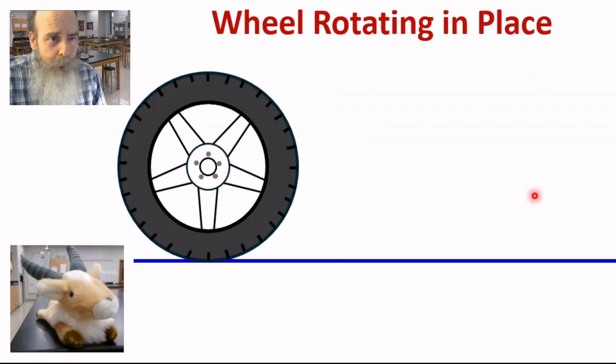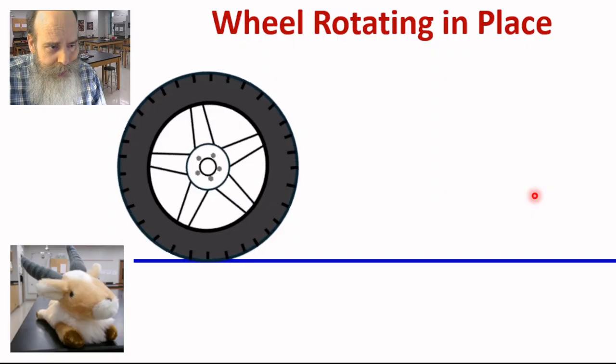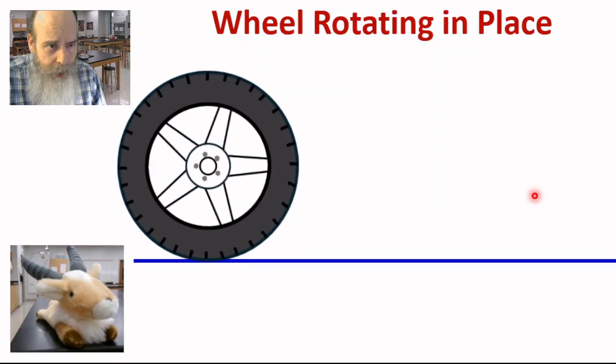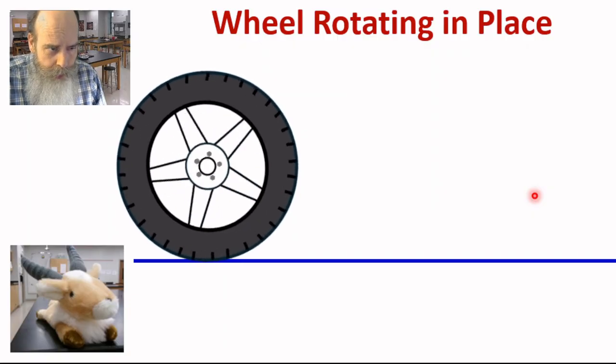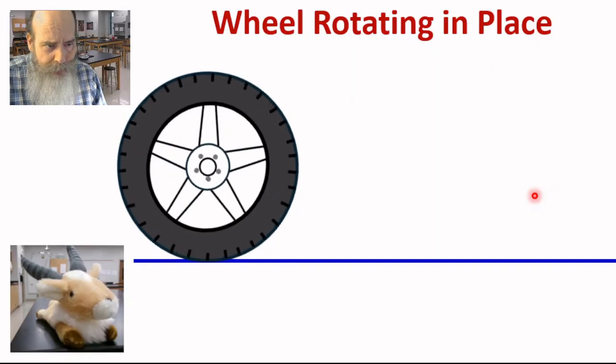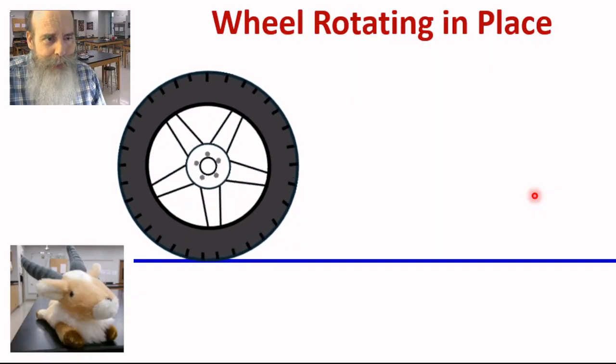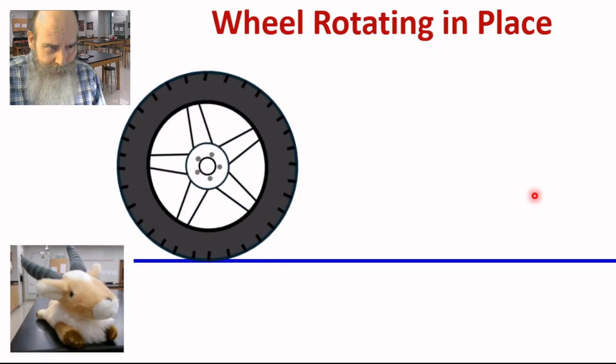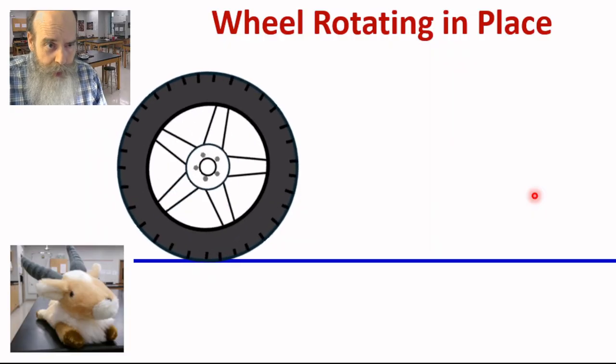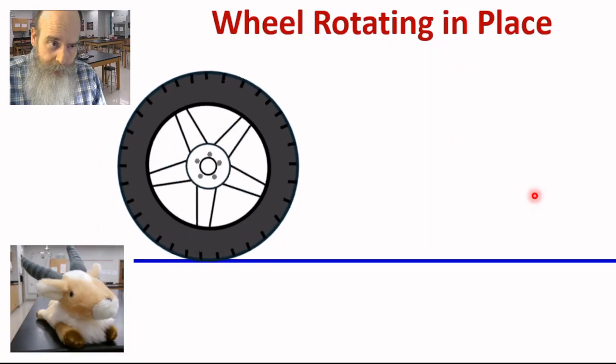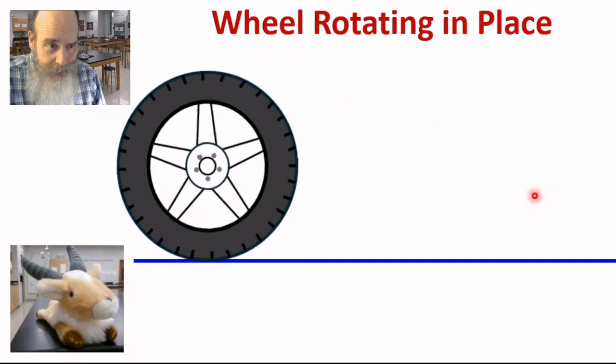Here's another example where we use kinetic friction. Here's a wheel that is rotating in place. It's just rotating, not translating. You may have experienced this if you ever got your car stuck in the mud. The wheels turn, but you don't go anywhere. This can also happen if you're stuck on the ice.